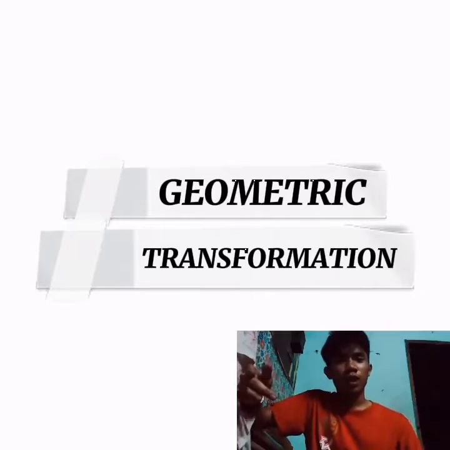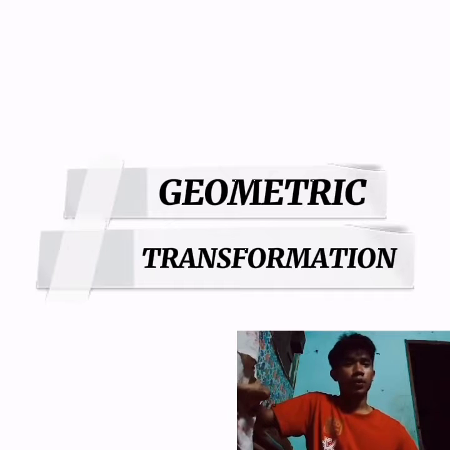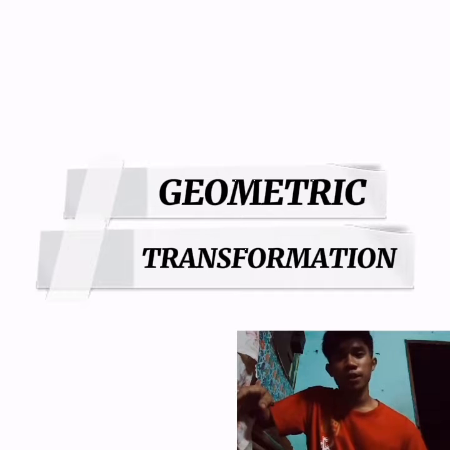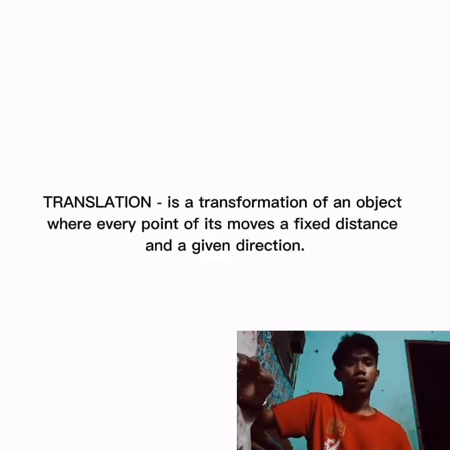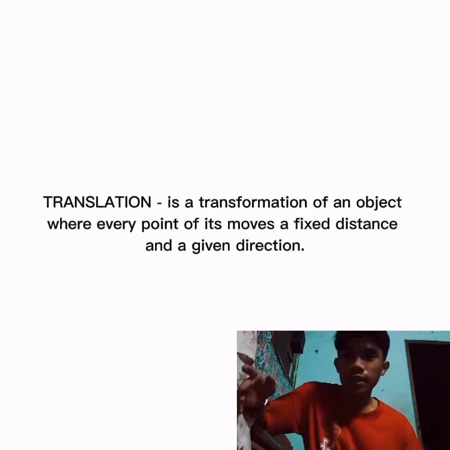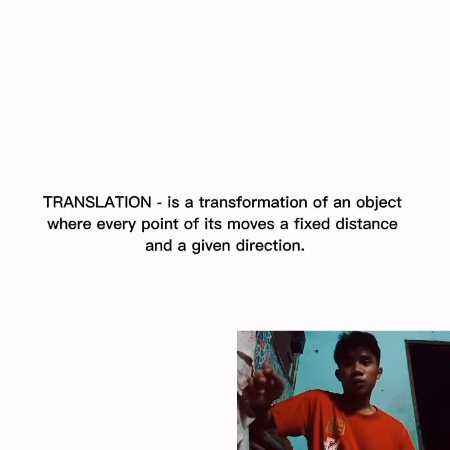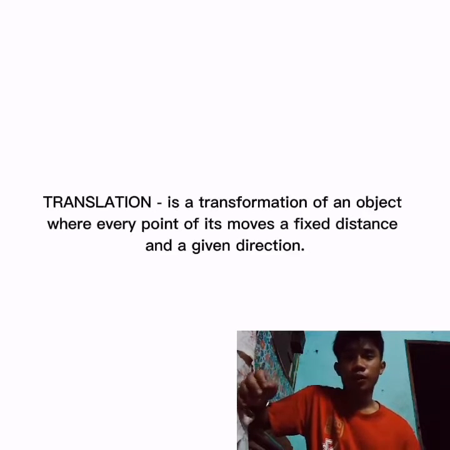So let's continue the topic, guys. So this is one of the examples of basic geometric transformation. First is translation. It is a transformation of an object where every point of it moves a fixed distance in a given direction.